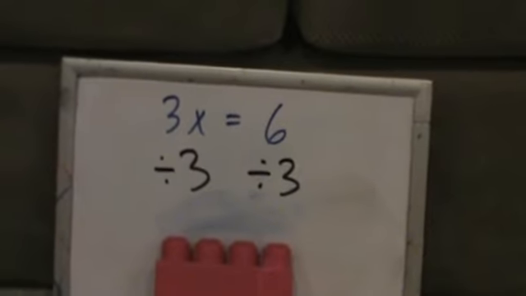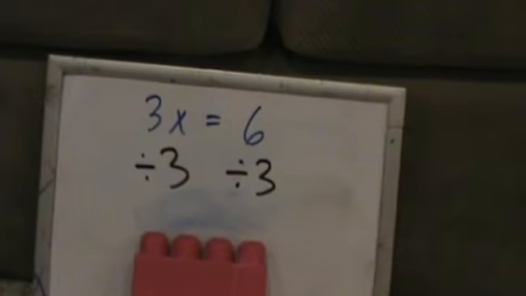When you divide by 3, you'll see many times teachers will cross out what they've done, or students will do that as well. So what we're left with is x. That means when you divide by 3, each group is just representing what is left. So one of these groups has a total of 1 in it. On the other side, you have 6 divided by 3. You know that you'll get an answer of 2.